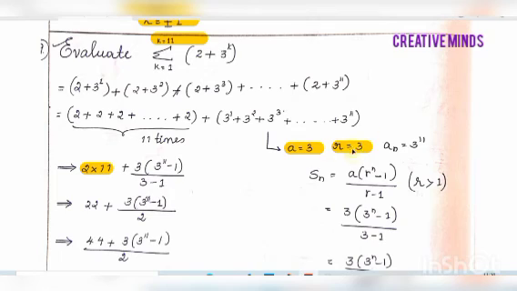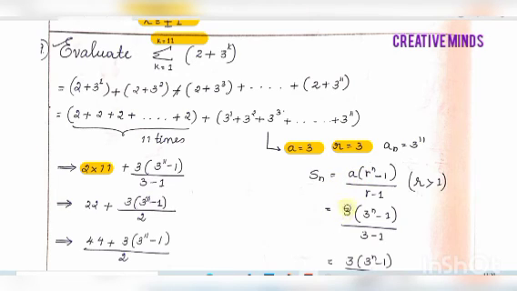Here R is greater than 1, so we have the formula Sn is equal to A into R to the power of n minus 1 divided by R minus 1. I have explained this in the last video.